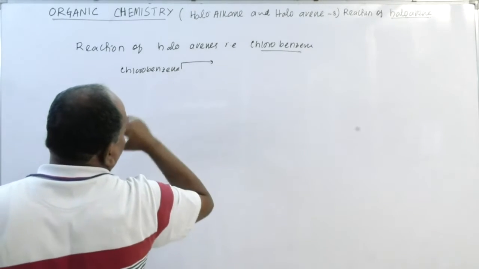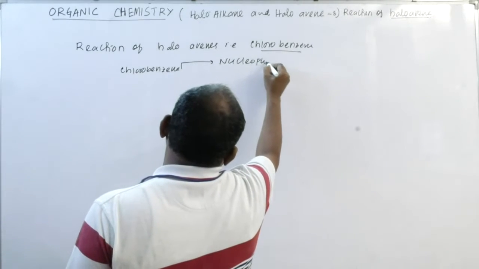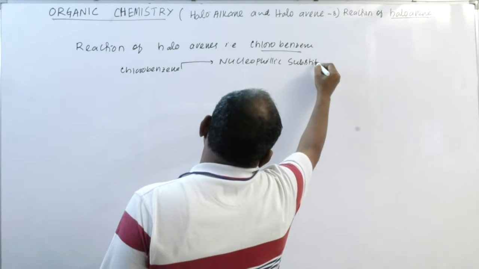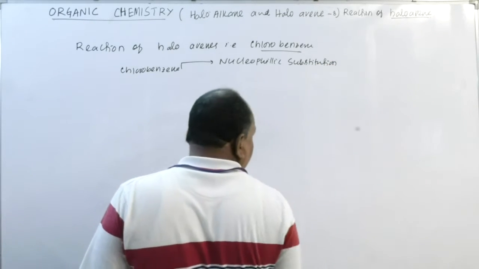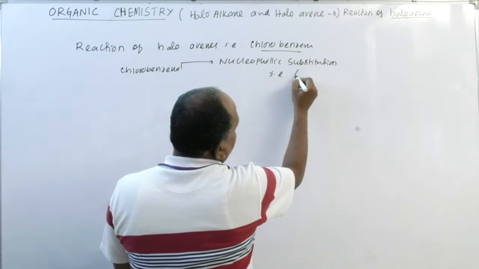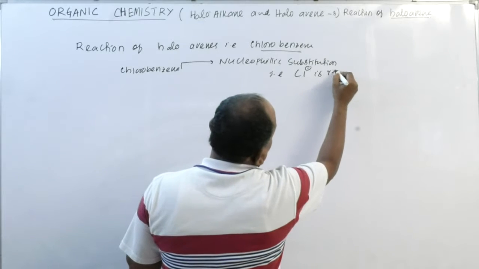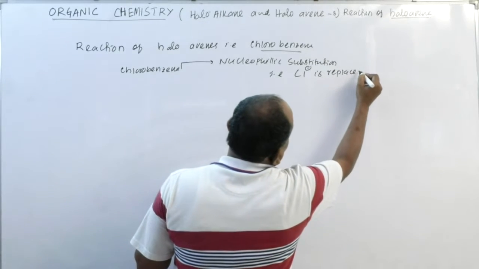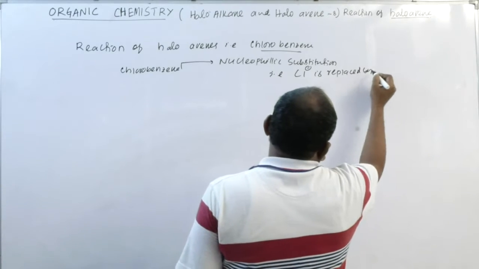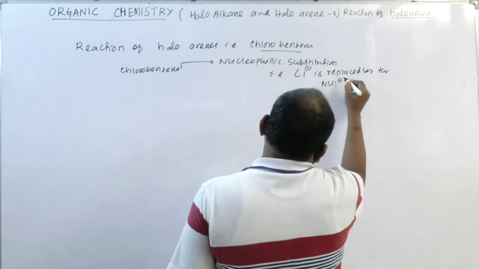One is called nucleophilic substitution reaction, in which the Cl is replaced by the nucleophile.